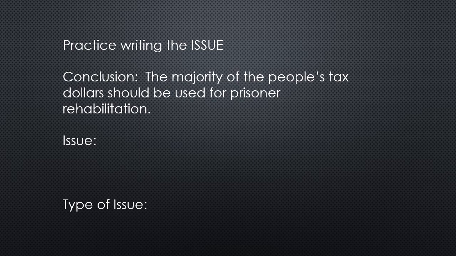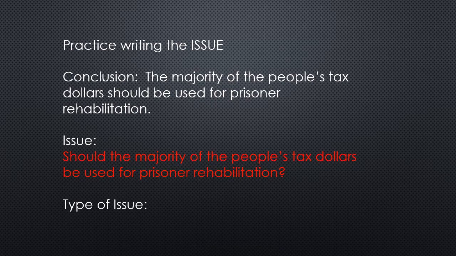Because we know the conclusion, we will take the conclusion and change it into the issue. The issue that the author is presenting to us is, should the majority of the people's tax dollars be used for prisoner rehabilitation? We basically use the same language, but we just turn it into a question. And that's all you're doing when you are finding the issue. If you can identify the conclusion, you're using the same language and you're just turning it into a question.